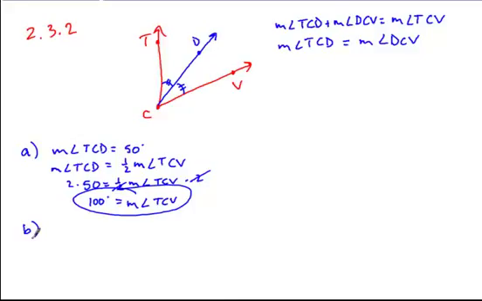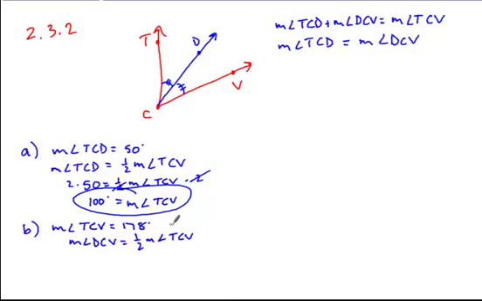In part B, you're told that the measure of angle TCV is given as 178. Looking at that measure, what you can identify is that DCV is exactly 1/2 of this whole measure TCV.